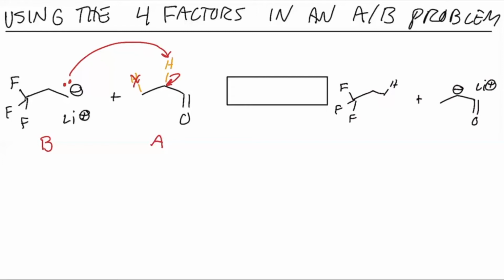And there we go. So thinking about which one is which as far as applying our labels, the base makes a conjugate acid and the acid makes our conjugate base. Okay, so there we go.